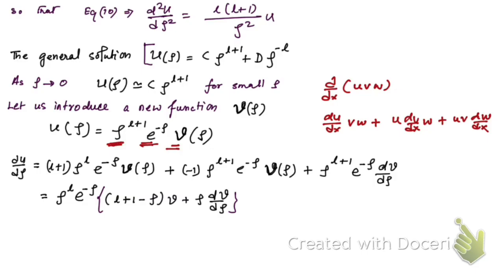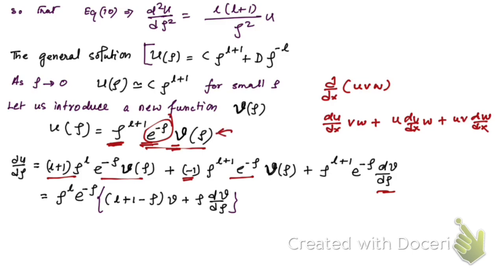So the product of three functions. First we have differentiated this term here, we have got this one, and the remaining two functions are this. Then similarly next time we have differentiated this to get this one, and there is minus 1 also. Then at the end we have differentiated this v of rho.